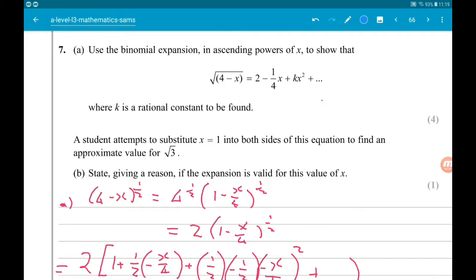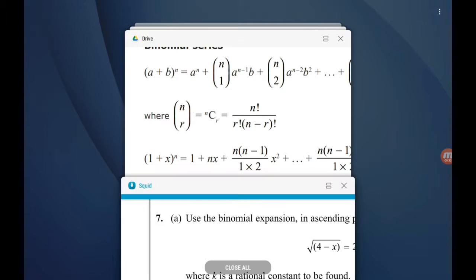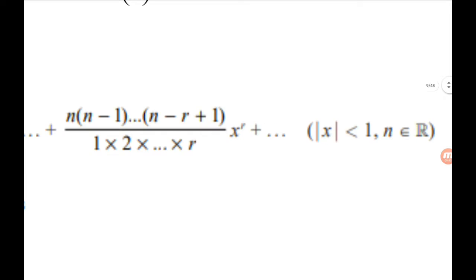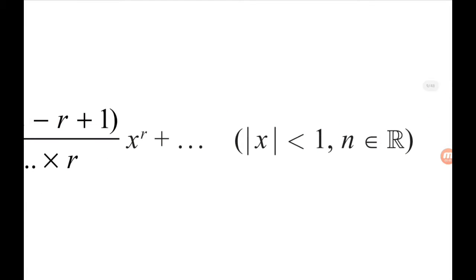Okay, so this comes down to, we're told that for the expansion of 1 add x to the power of n, the modulus of x must be less than 1.